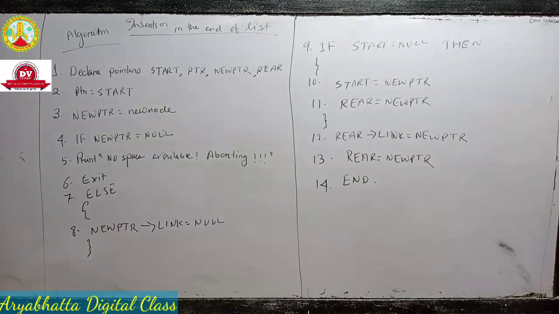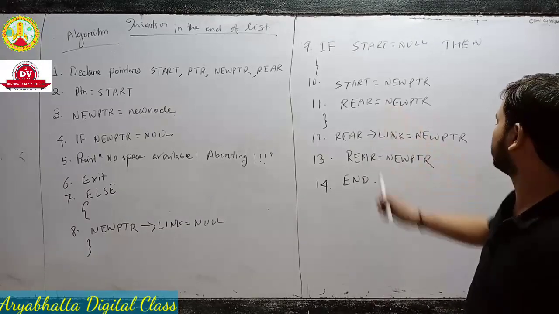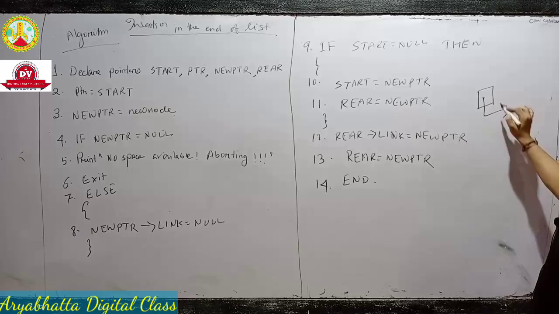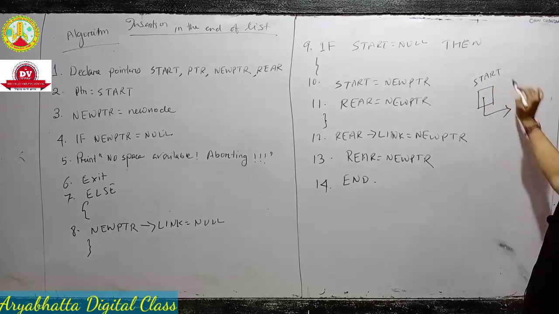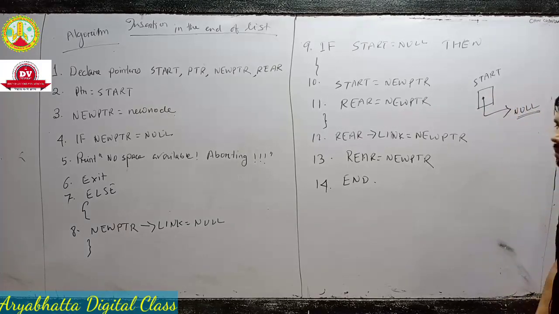And if start is equal to null, it means the list is empty. Suppose this is the list, okay, then what happens?